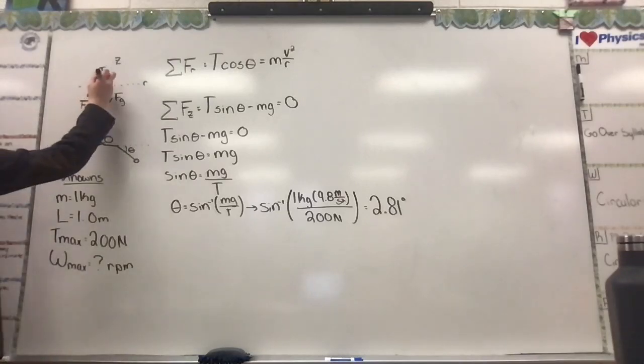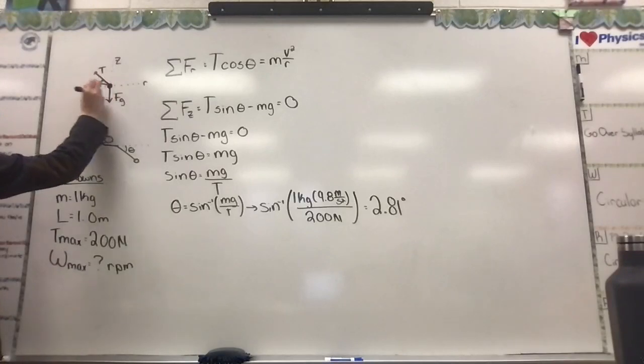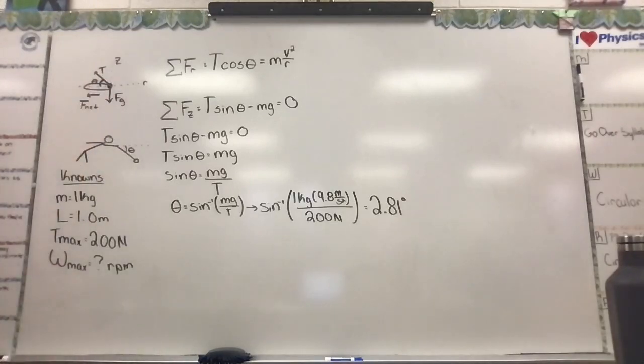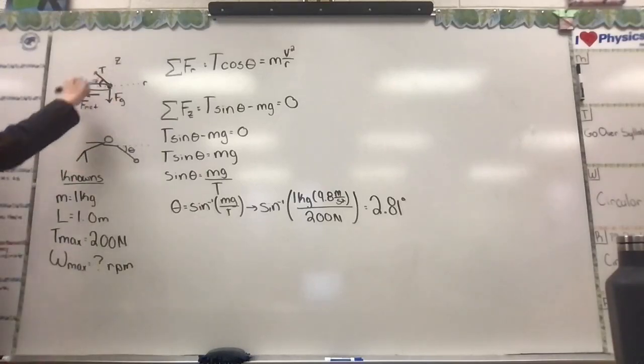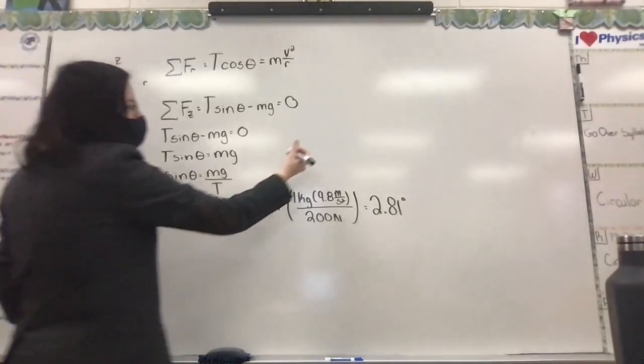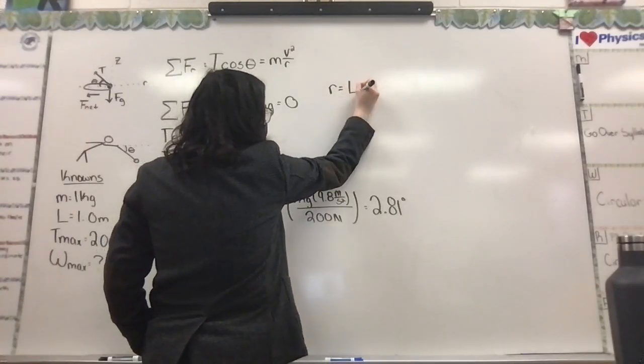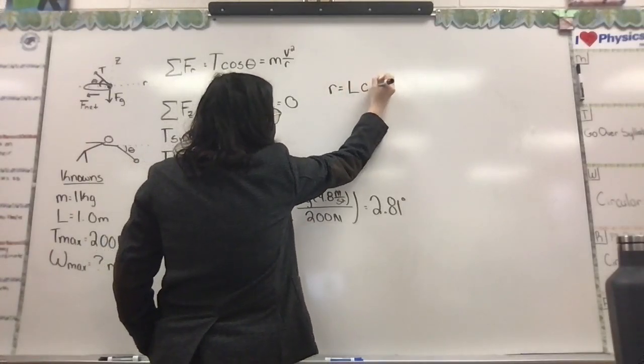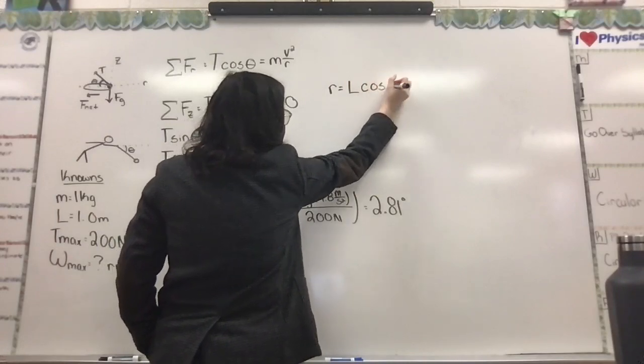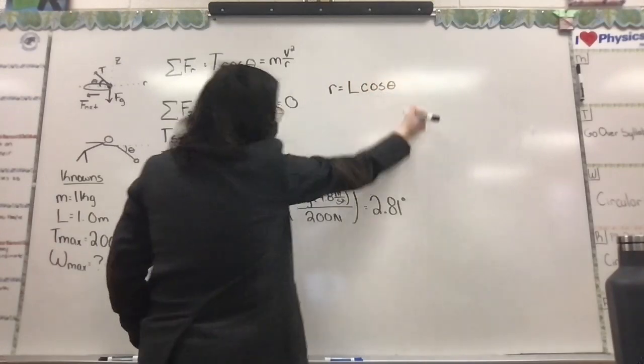Okay, so we said the theta is basically sitting right here, right? So how do we find the radius? Cosine of theta. Yeah, we're going to take the length of the string L, in order to find R. We take the length of the string L cosine theta.